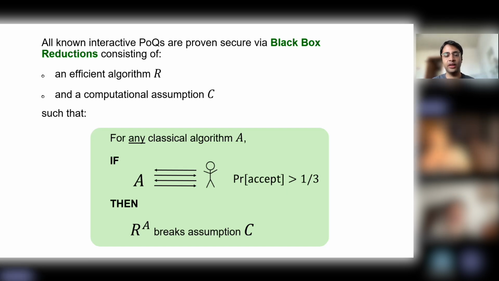The crucial thing here is that this reduction is black box, which is to say it only uses the input-output behavior of the adversary, which means it does not care about how the internals work. In particular, it does not care about the runtime of the adversary. For any classical algorithm, it has to use this algorithm to break the underlying assumption C.